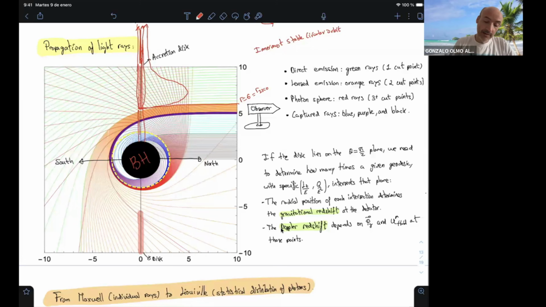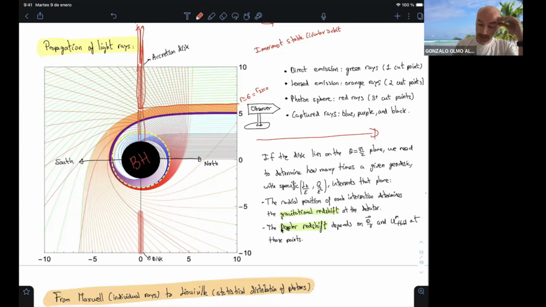In that sense, the emission of electromagnetic waves from the region near the ISCO is more intense. This is what I'm representing here. So this is a cross section of the accretion disk and the black hole, and the observer would be very far away in that direction.